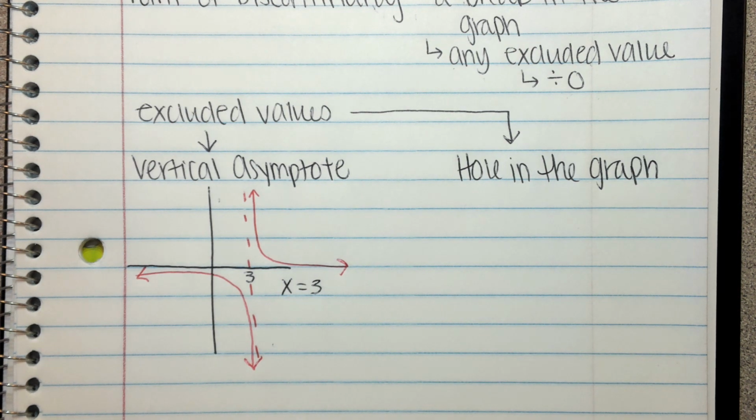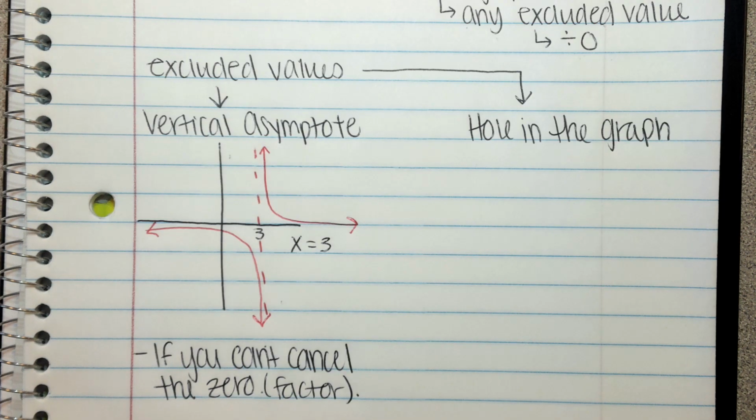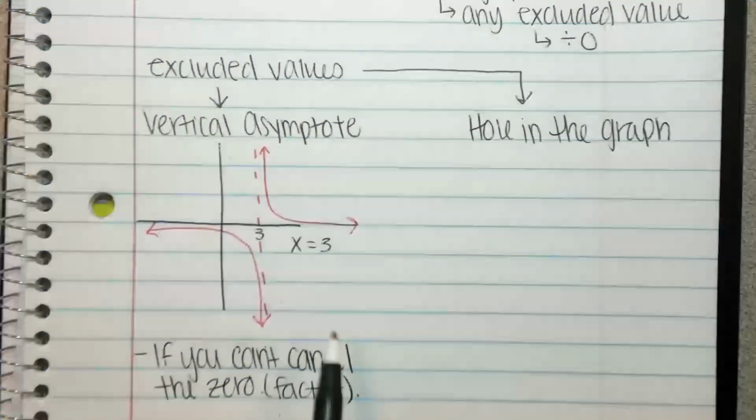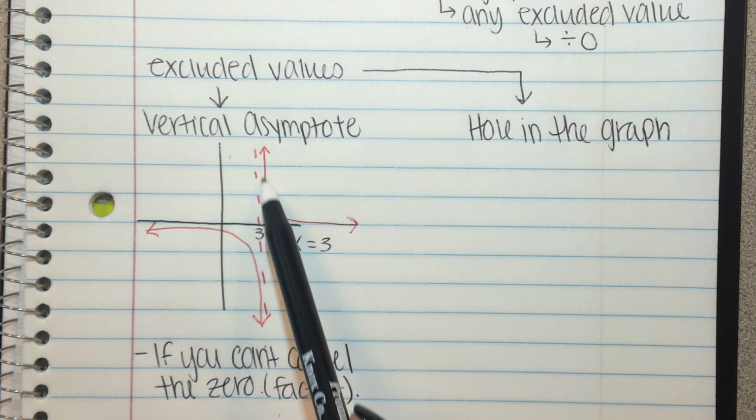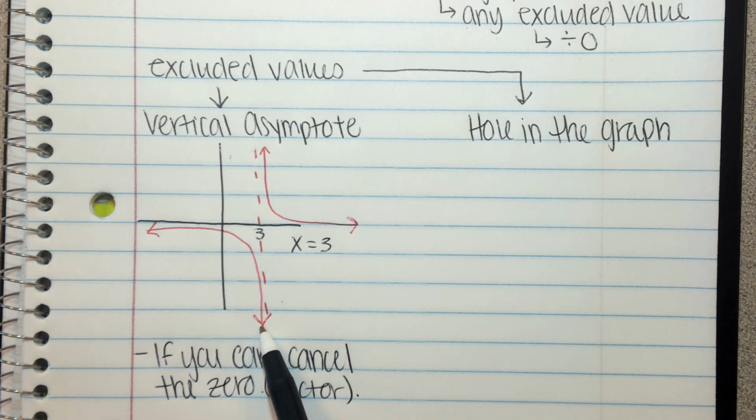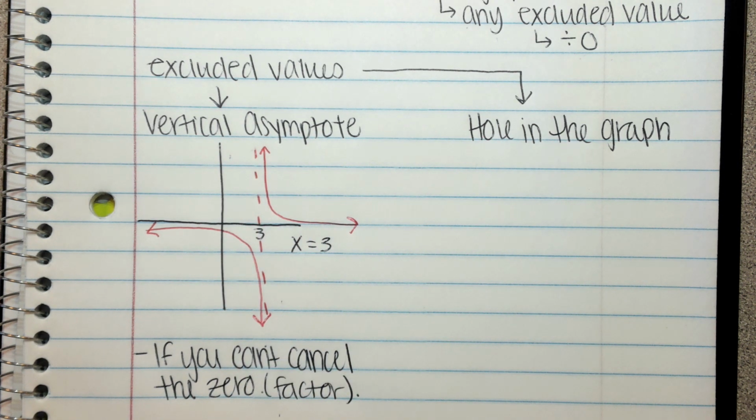Okay, so your excluded value is a vertical asymptote if you can't cancel that factor. If you can't cancel it out or divide it out, then it's going to be a vertical asymptote, and that means that your graph will get really close to that line but never touch it.